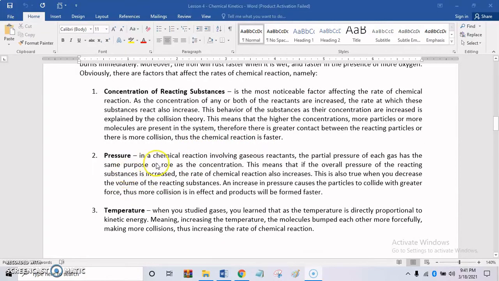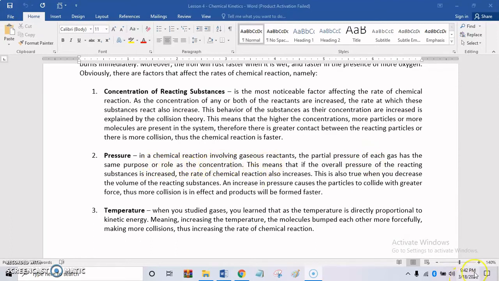And when we say pressure in a chemical reaction involving gaseous reactants, kapag yung ating reactant is gaseous, pressure is very involved in the reaction rate, because the partial pressure of each gas has the same purpose or role as the concentration.